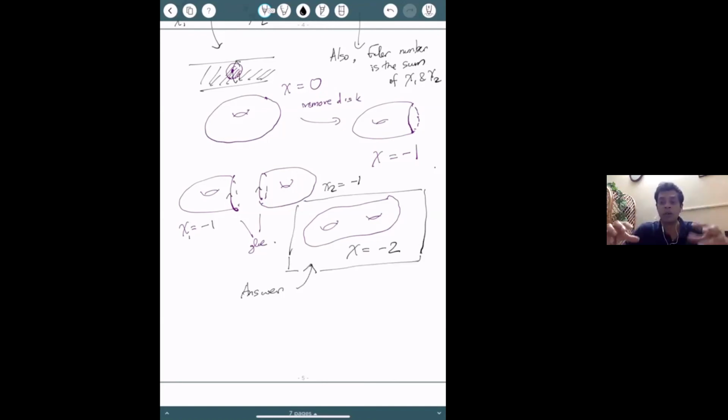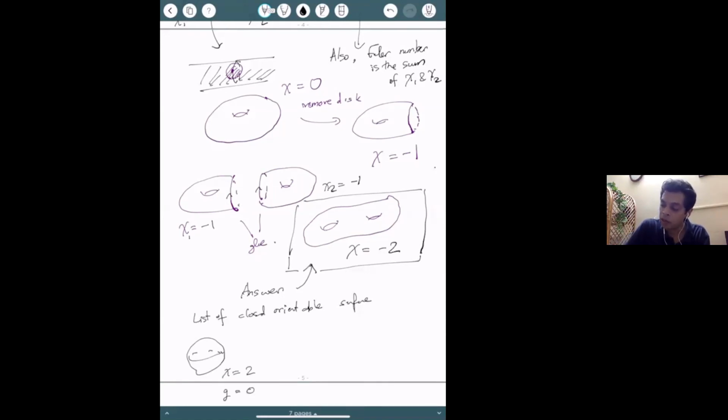You might have come across this in descriptions of topology. A surface with 2 holes is called a genus 2 surface, and in the list of closed orientable surfaces, you start off with a sphere, which has genus 0 and Euler characteristic 2.